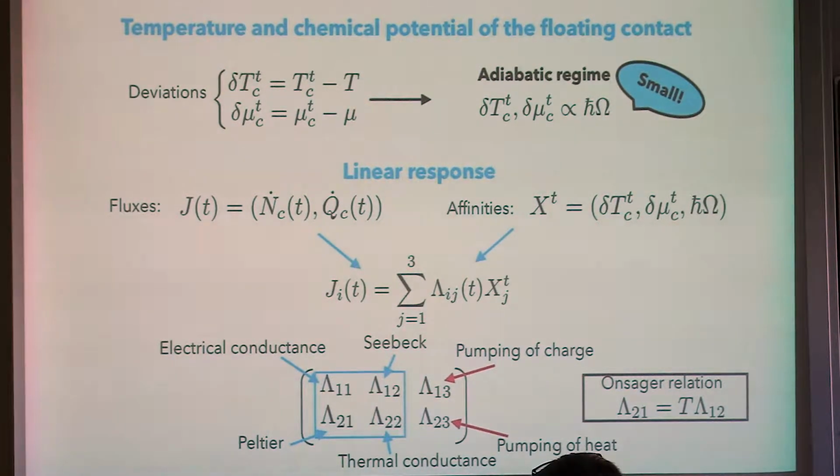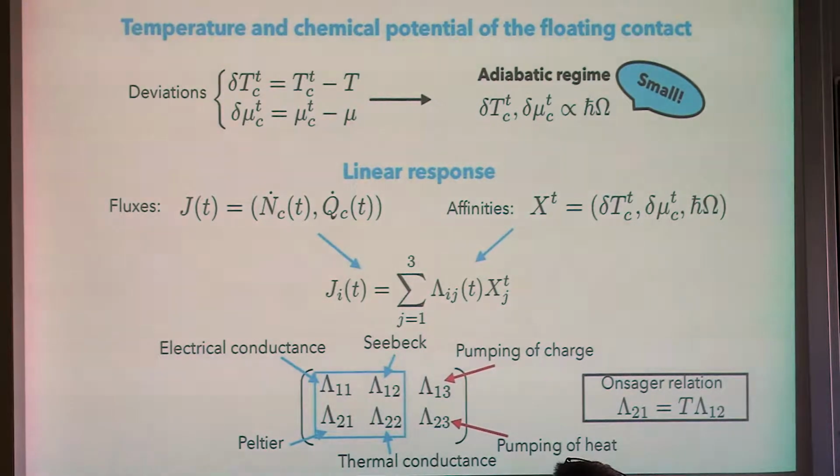In the adiabatic regime, this frequency is very small. And since the temperature and the chemical potential are both following this variation in time of the driving, the deviation will also be small, comparable to this small frequency. So we can treat our problem with the linear response regime.